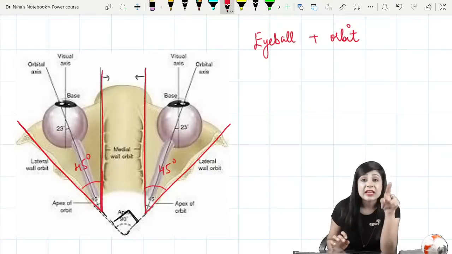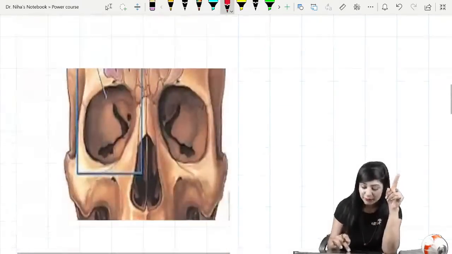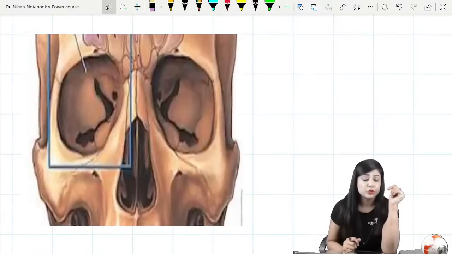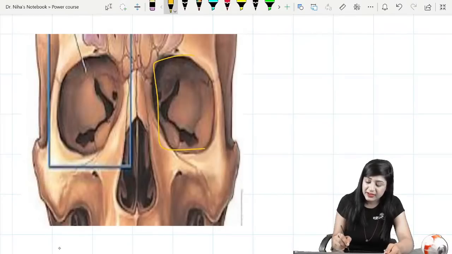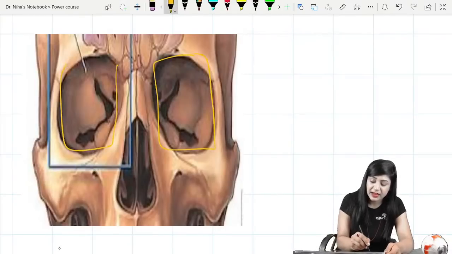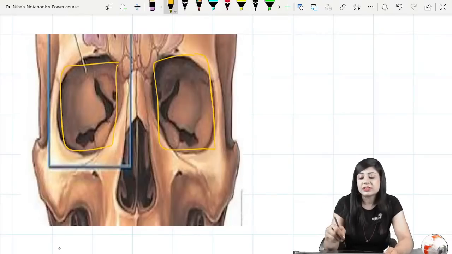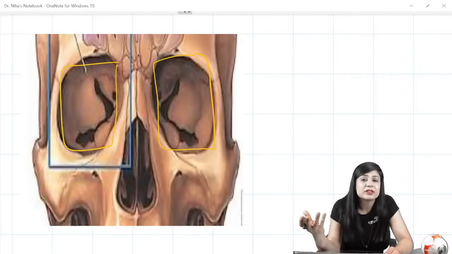Now when you see this orbital cavity from the front, have a look here. So all of you have seen the skull, you have seen the facial space in your anatomies. Now see here, whenever you look at the base of the orbit, they are roughly quadrangular. Quadrangular I can say because we have got 4 walls.